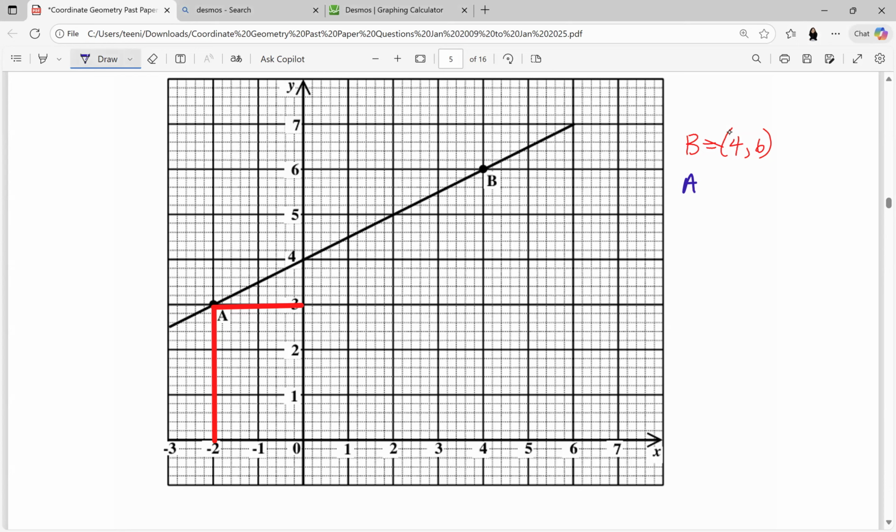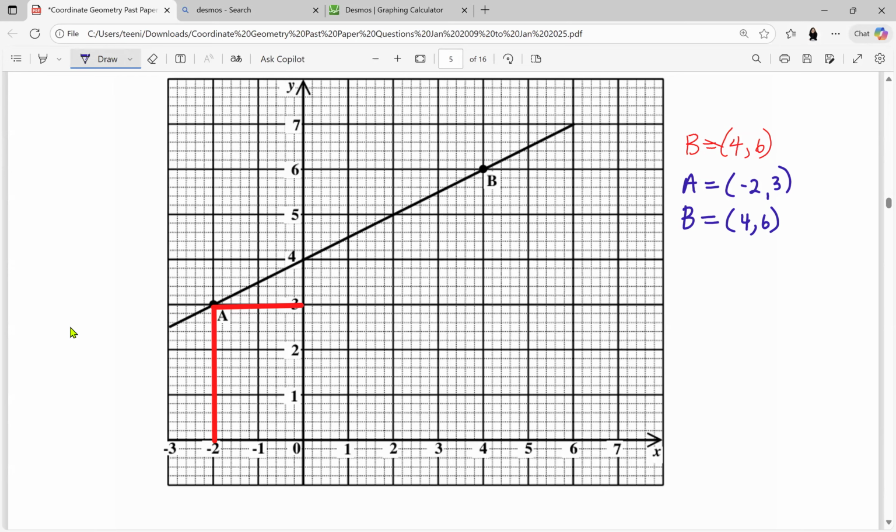So the coordinates of A would be negative 2, 3, and then the coordinates of B is 4, 6. That's 2 marks, guys.